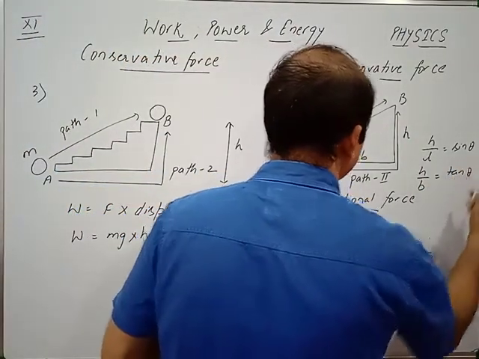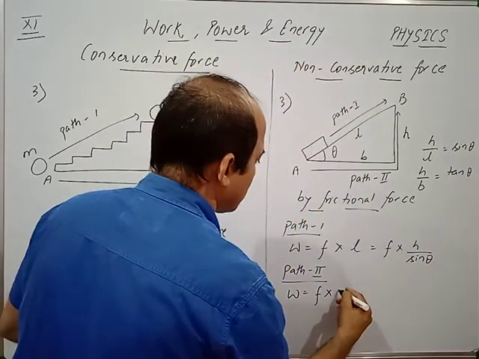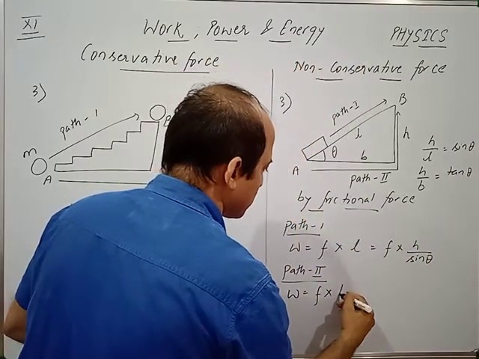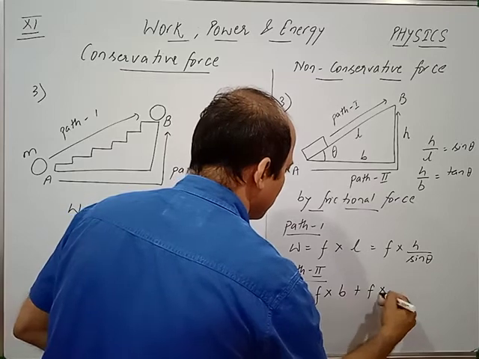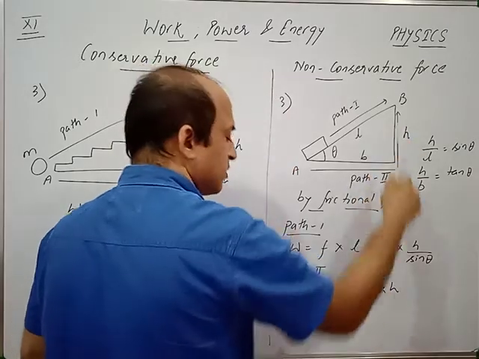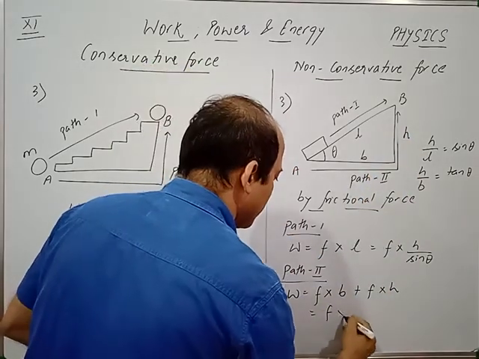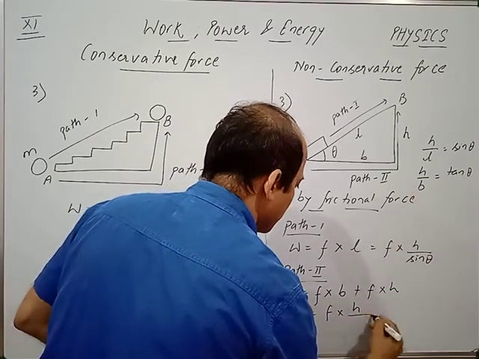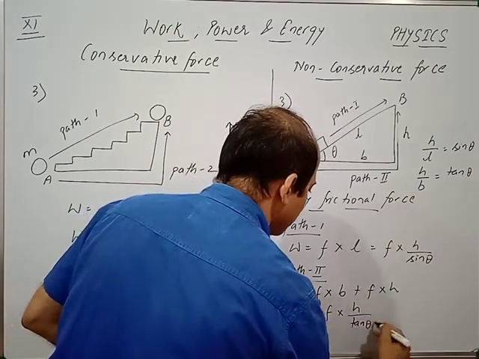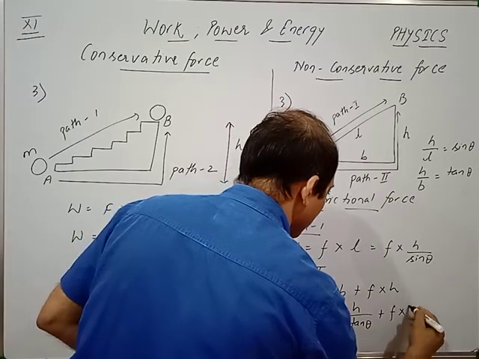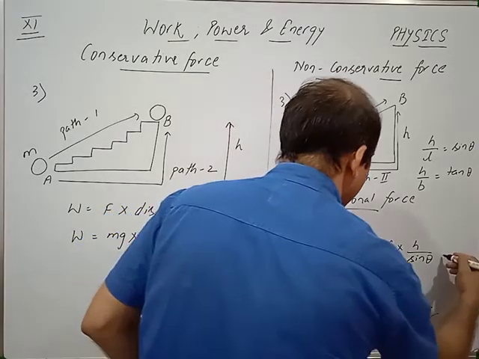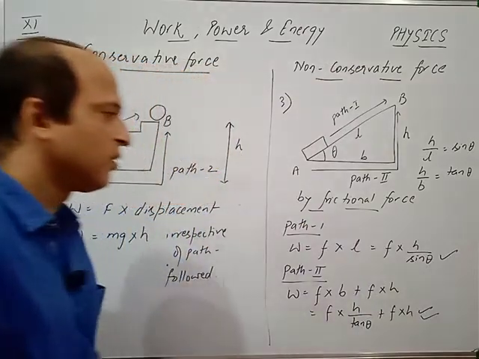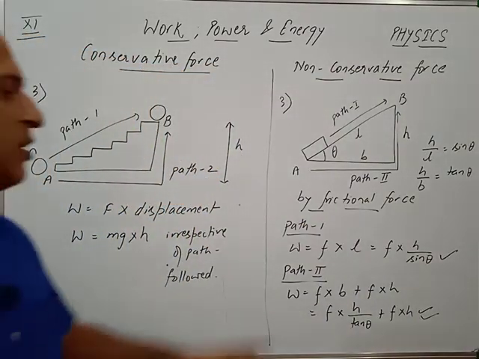So base is h upon tan theta, correct? So F into base first plus F into height along this. So it is F into h upon tan theta plus F into h. You see the work done in both cases is different.